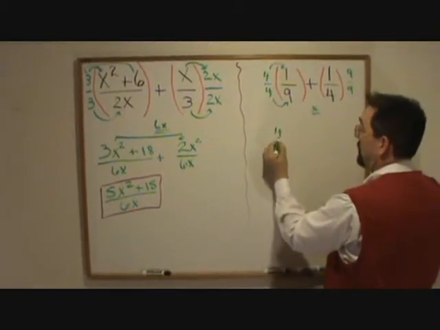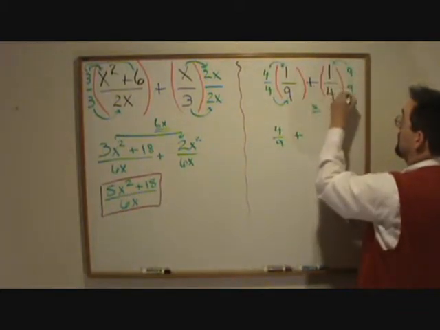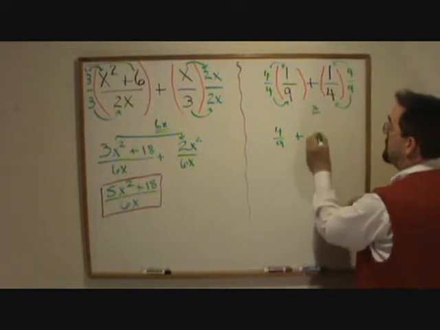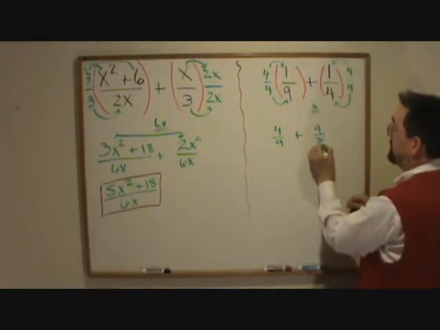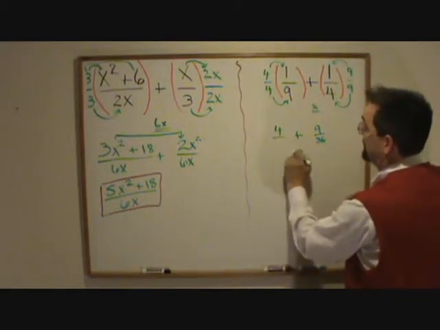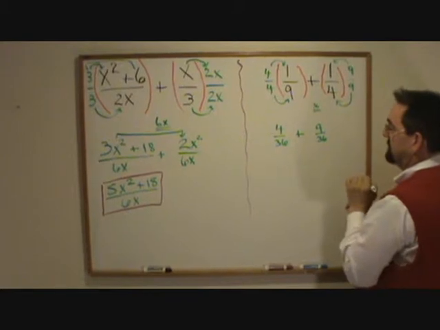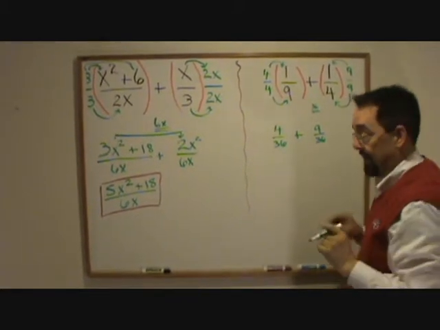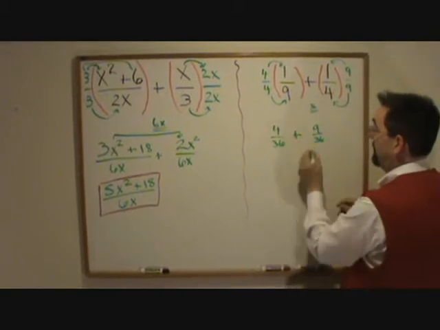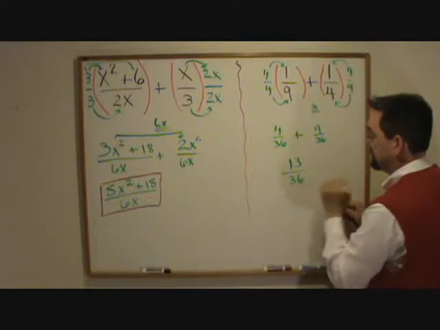We have 4 over 36 plus 9 over 36. Whoops, I didn't distribute that. 4 times 9 is 36. Now that we have the same denominator, we can add the fractions. We'll have 4 plus 9, which is 13, all over 36.